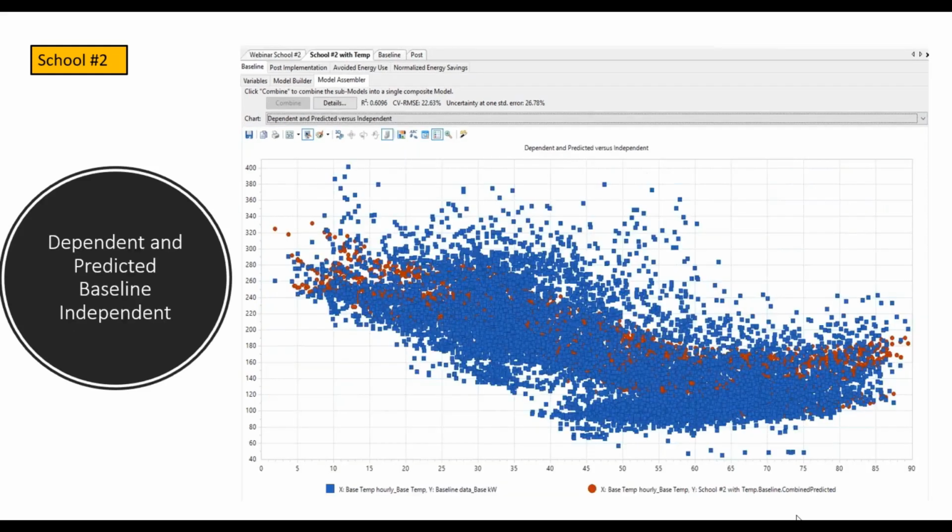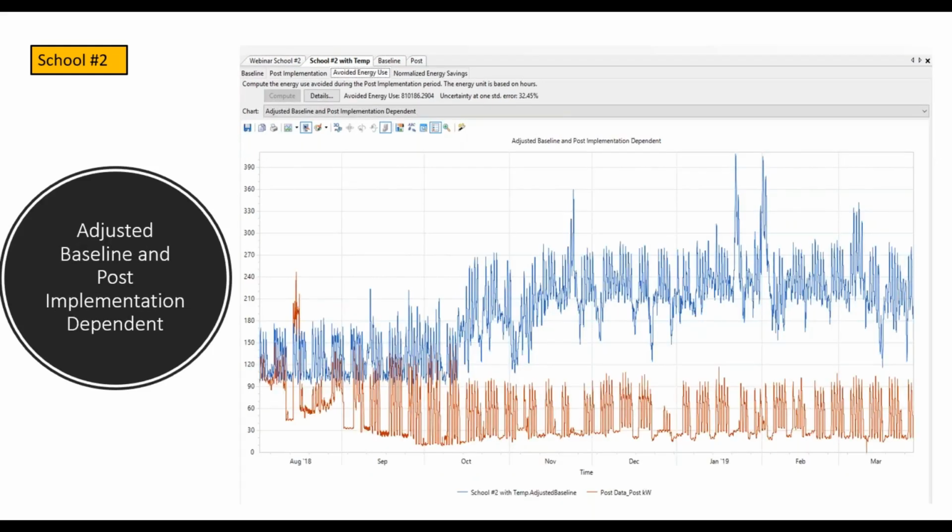So then, yeah, this is just the same scatter plot. Again, the red is the model, more tightly bounded than the actual, which you'd expect. And then here's the savings. So basically through the winter, you can see where this is going from August through March.